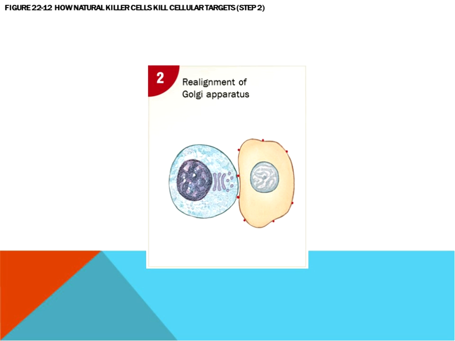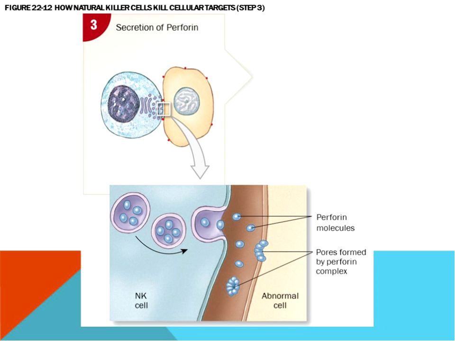What will happen next is that the Golgi apparatus is going to release the proteins that have been made by the natural killer cell, and these proteins are primarily made to trigger either apoptosis or cell lysis in the abnormal cell. So those proteins that are made and shipped and packaged from the Golgi apparatus help to align with the cell so that they can directly impact the cell that's being targeted.